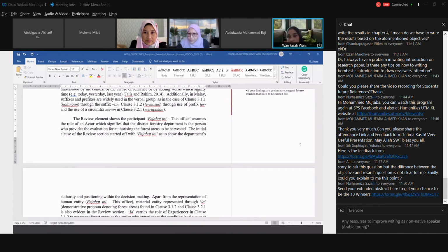If it is, then what I normally tell my students is that objective and research question have to be similar. The only difference is the objective is written in a statement form. The research question is in the question form. So you cannot have a different objective than your research question. It has to be like a mirror image. One is in statement form, the other is in question form.